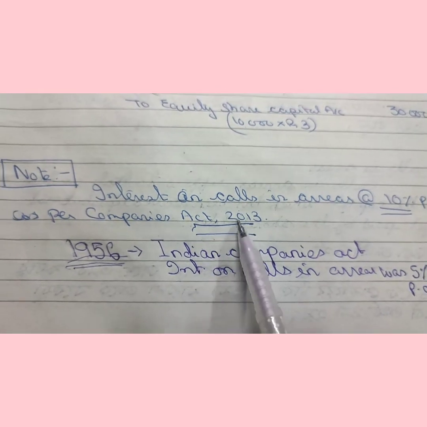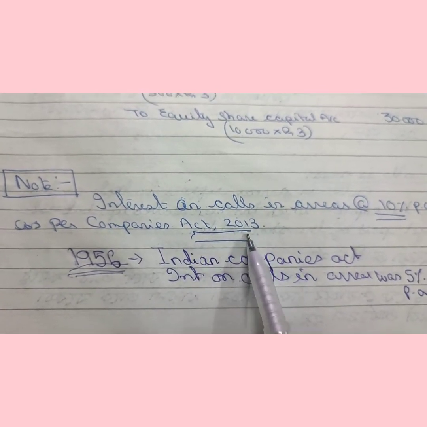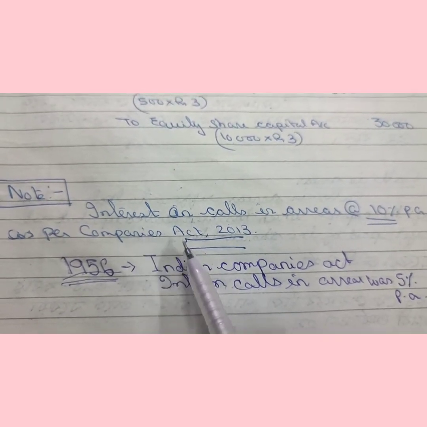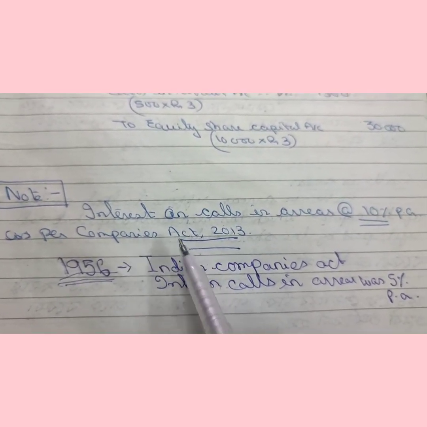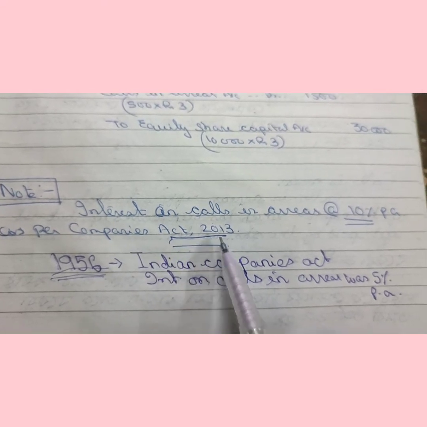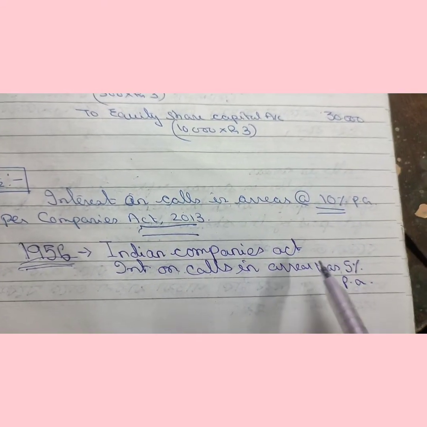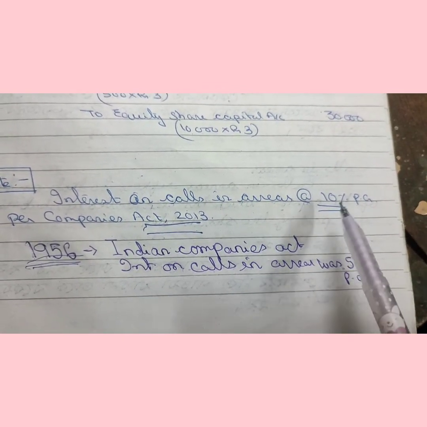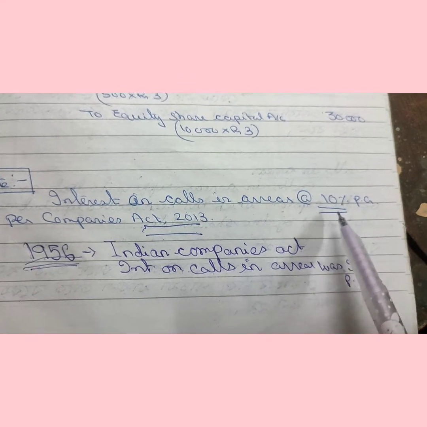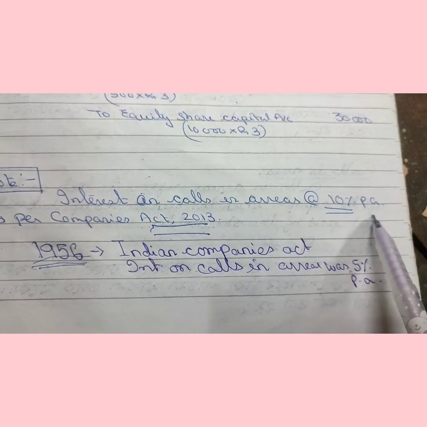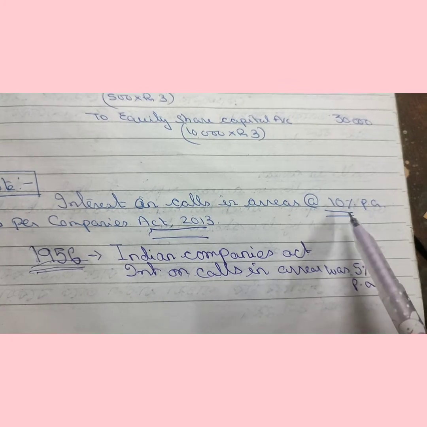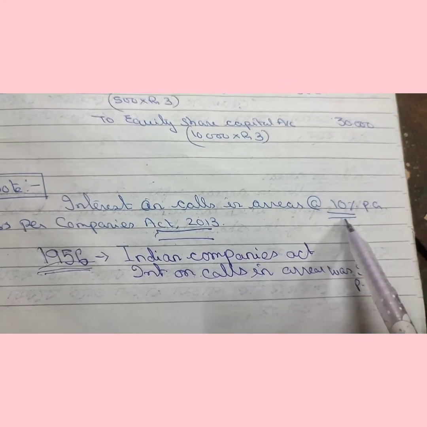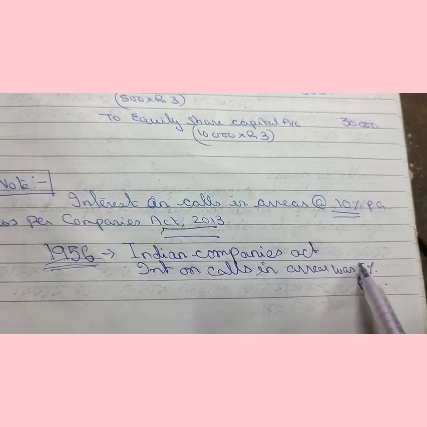But in 2013, there was an amendment to the Companies Act. And as per the amendment of Companies Act 2013, this rate of interest has been changed, and it is now 10% per annum. Now you have to remember both of these, not for your problem purpose, but for the theoretical MCQ purpose.